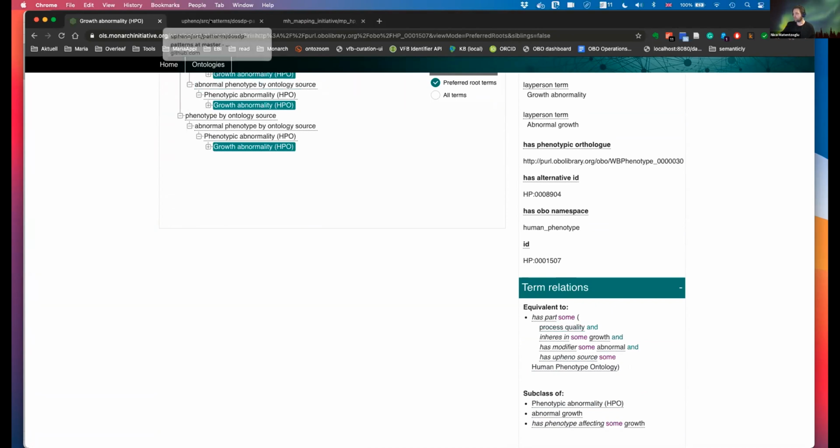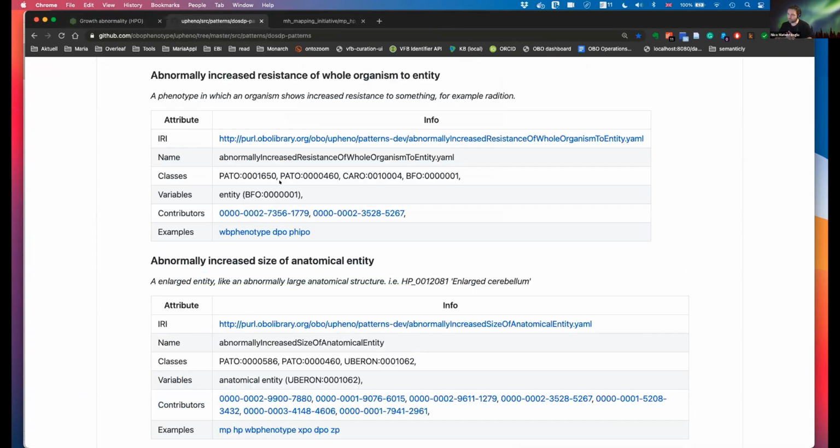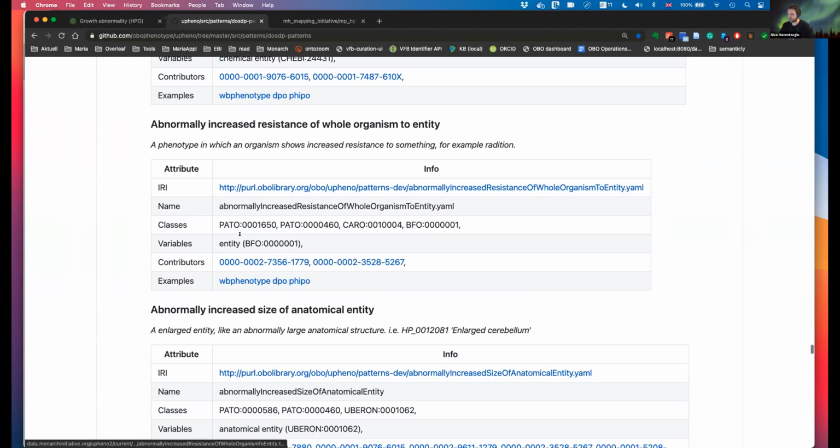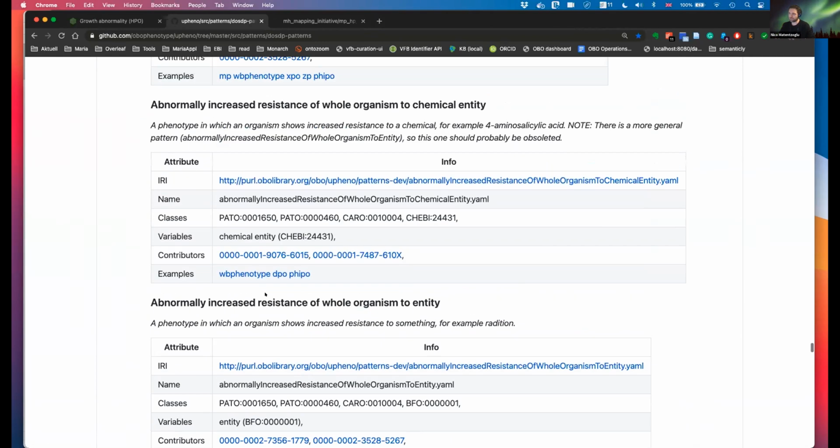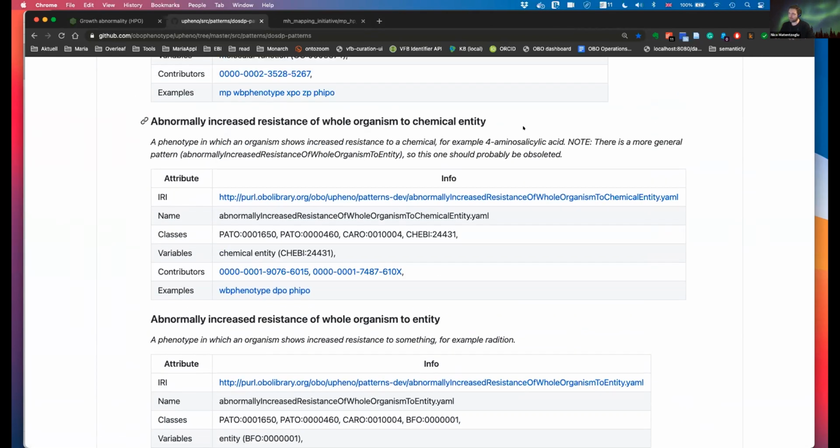And what we do here is we have this kind of community group that meets regularly, involving many people from across all the mods, some of which have even spoken today as well. And we sit there and we discuss in a panel patterns for representing these computational phenotypes that are then represented consistently across all these different species ontologies.